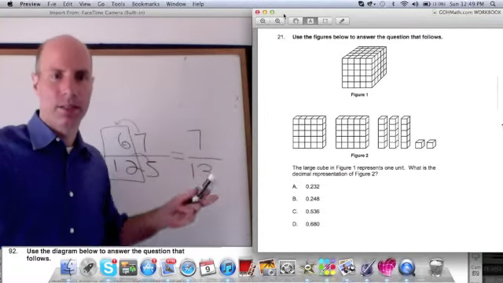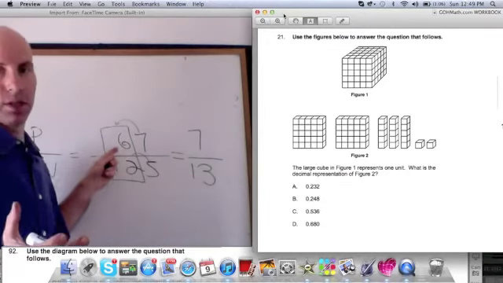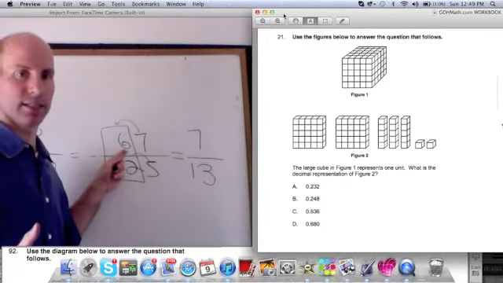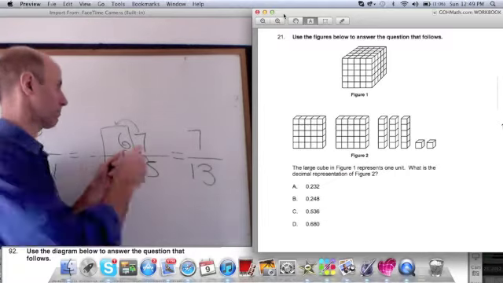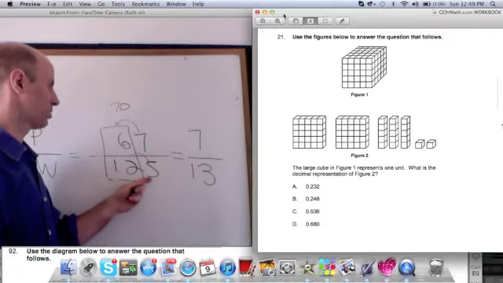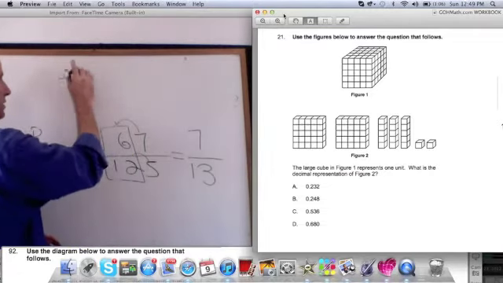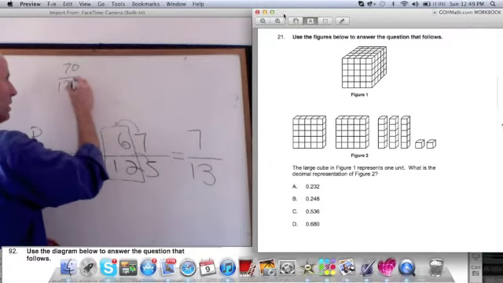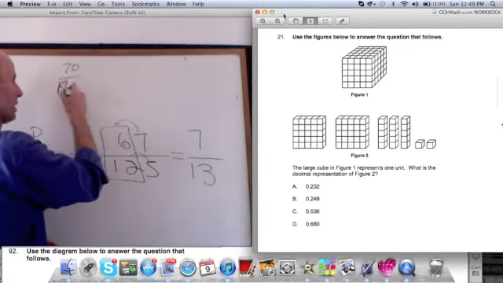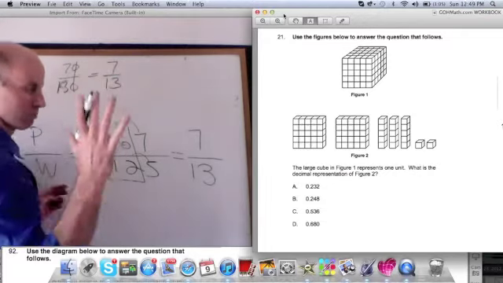All I really did was round the 67 to 70 and the 125 to 130. So I got 70 over 130. I just eliminated the zeros and I got my 7/13.